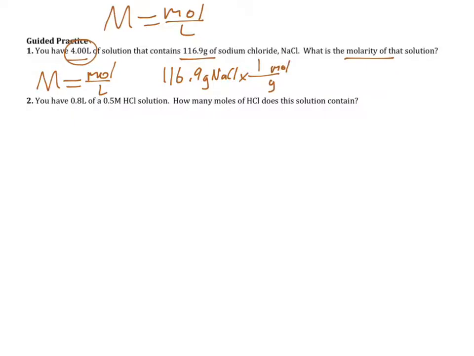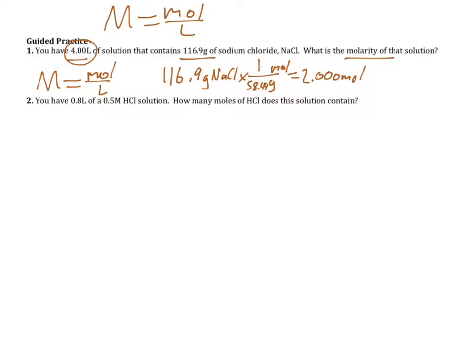And we just use the molar mass, which is going to be 58.44. Again, we get that from the periodic table. And then you just type this in your calculator to get the moles. And this ends up being exactly 2.000, because of sig figs, moles.